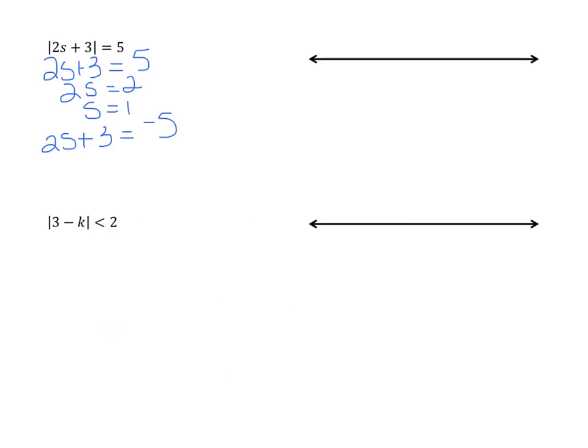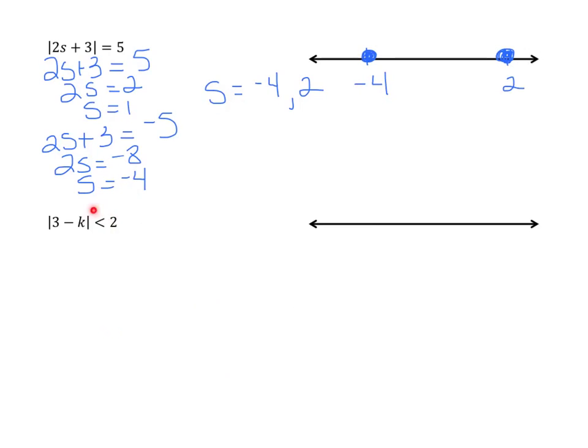If I solve the other one, I get that 2s is equal to negative 8, s is equal to negative 4. What that means is that my value of s is equal to either -4 or 2. Closed circle because it's equal, and I don't shade anywhere on this number line because these are the only two values that will make it true.